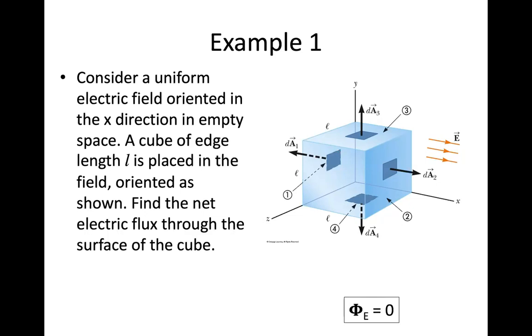What about the front and the back faces? They're not labeled here, but we could label them 5 and 6. They're in the XY plane, and the electric field is in the x direction. Again, they're just running along the wall. They're not coming in and out. Well, that's fine, but I keep telling you, let the math take care of it for you. So let's do that.